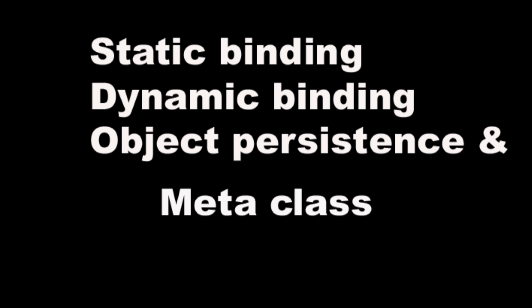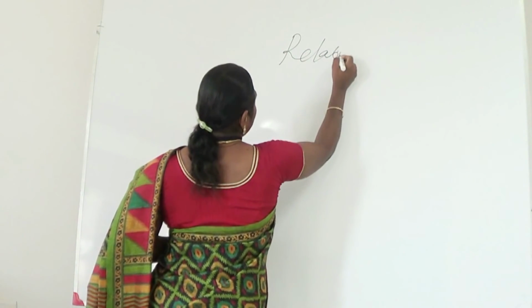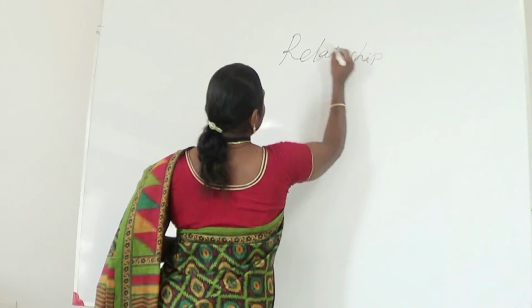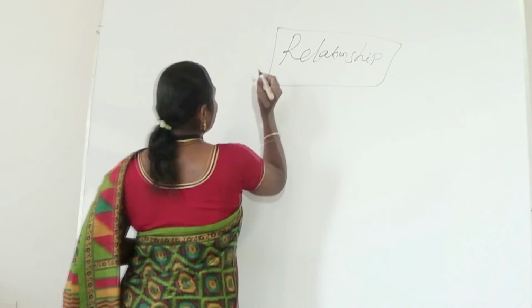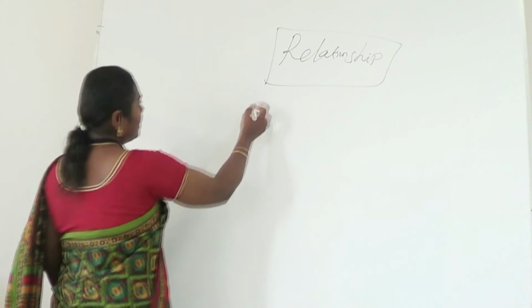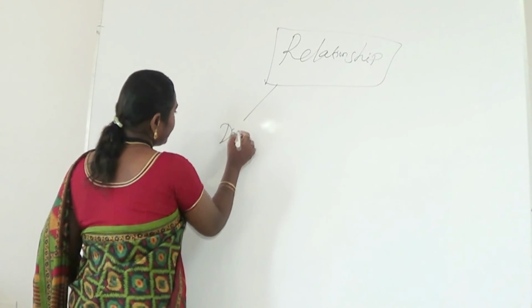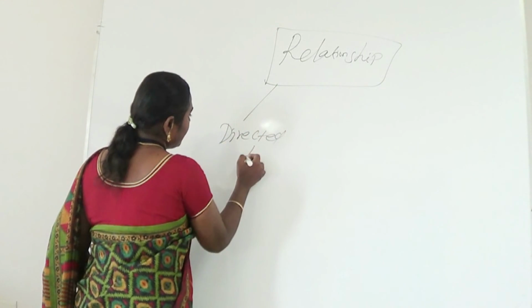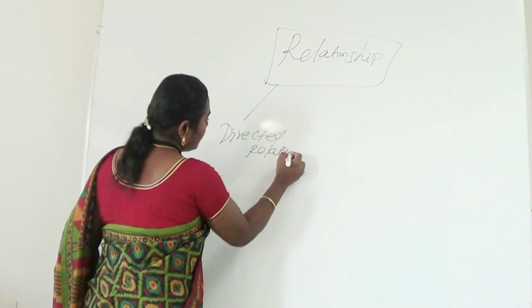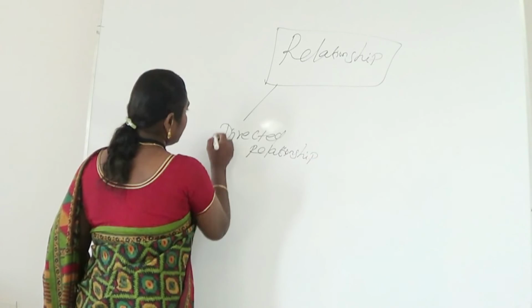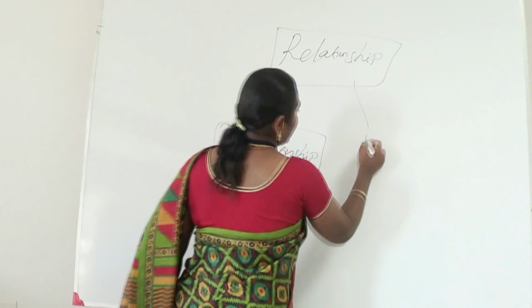Here we can take an example of a meta class: relationship element. Here we specify the categories: either a direct relationship or association.